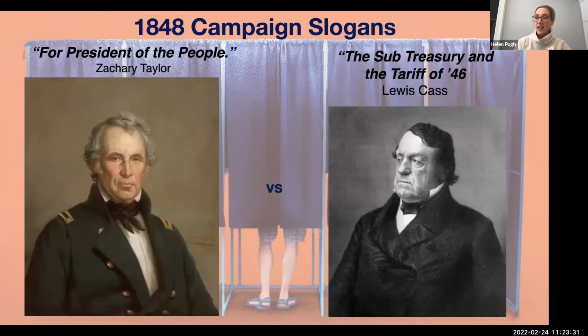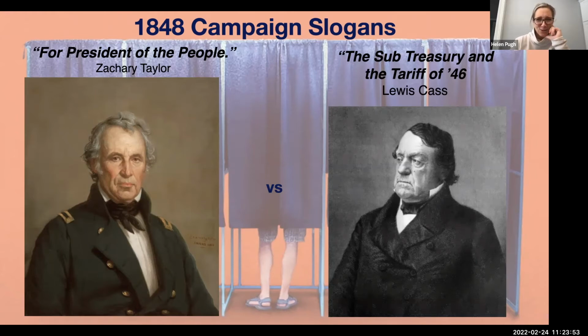This is the 1848 campaign slogans. You have Zachary Taylor on the left: "For president of the people." Okay. And then you have Lewis Cass on the right: "The sub-treasury and tariff of '46."